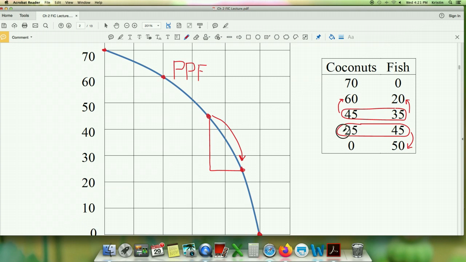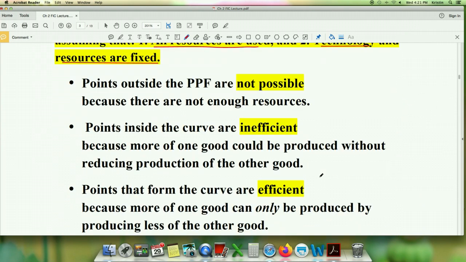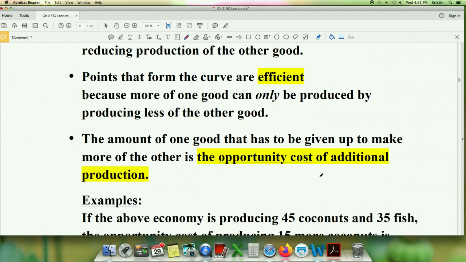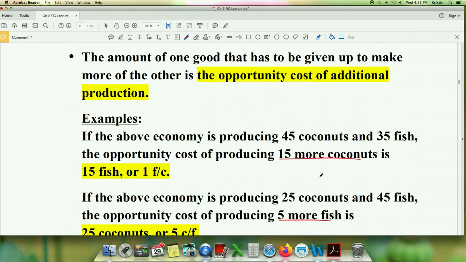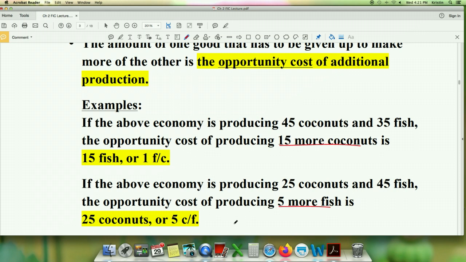So it looks like they will have to give up all of those 25 coconuts. So the cost of the 5 fish is 25 coconuts. And again, you can simplify that then. So the cost of the 5 fish is 25 coconuts, or that would work out to 5 coconuts per fish.